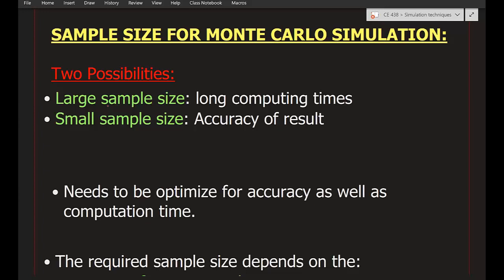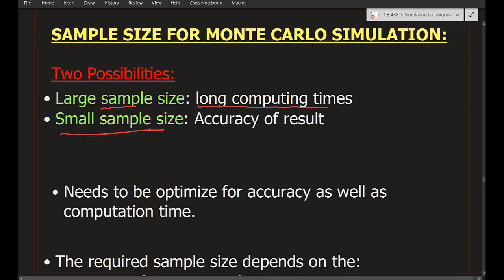One is we can take a very large number of samples, that is large sample size. But the problem is if I have a large sample size, I have to compensate with long computation time. On the other hand, the other possibility is a small sample size.